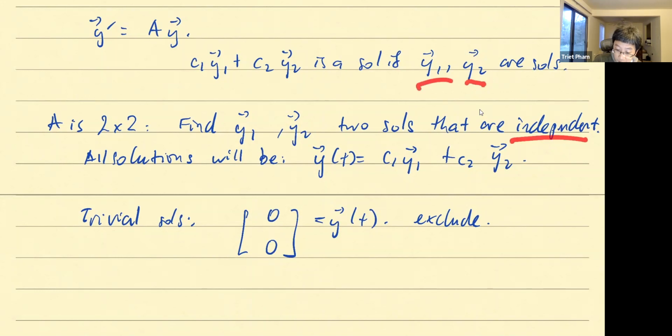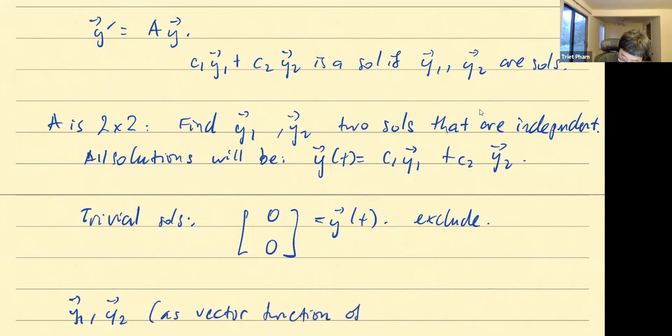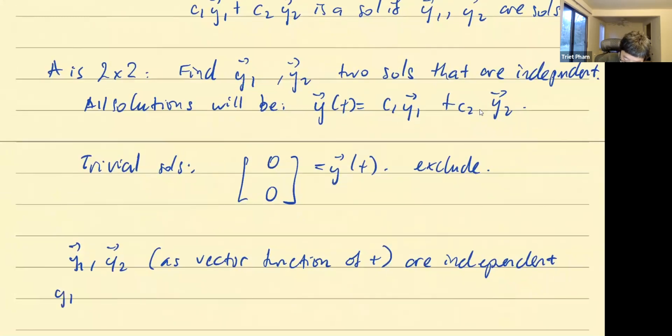So what do I mean by they are independent? Two things you can do. First is you can say they are independent no matter what t is. In other words, when I say y1, y2, as a vector function of t, are independent, what I mean is they are independent for any t.